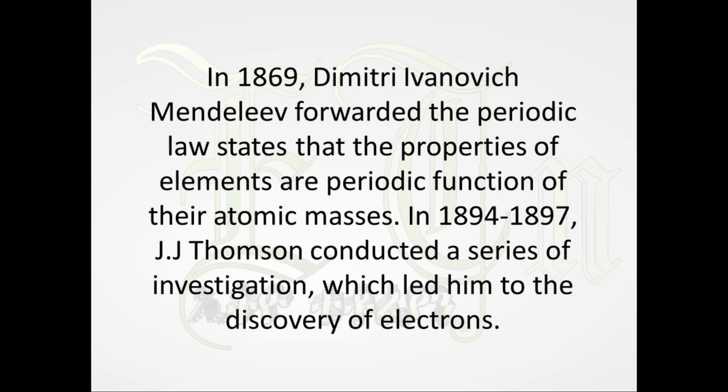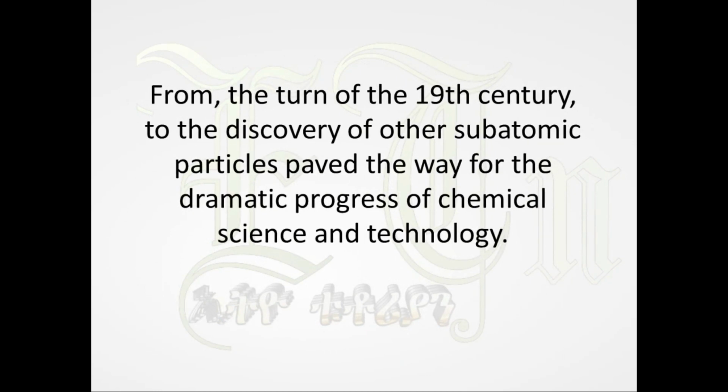In 1894 to 1897, J.J. Thomson conducted a series of investigations which led him to the discovery of electrons. From the turn of the 19th century, the discovery of other subatomic particles paved the way for the dramatic progress of chemical science and technology.